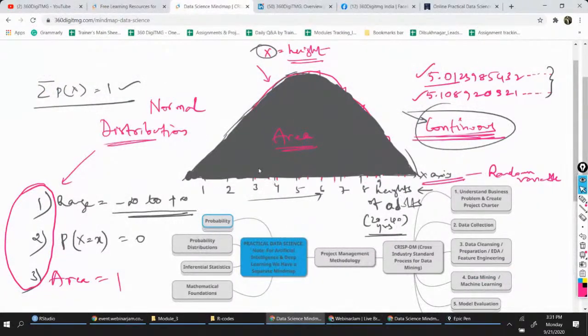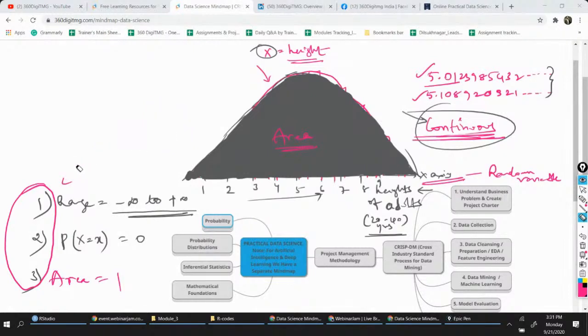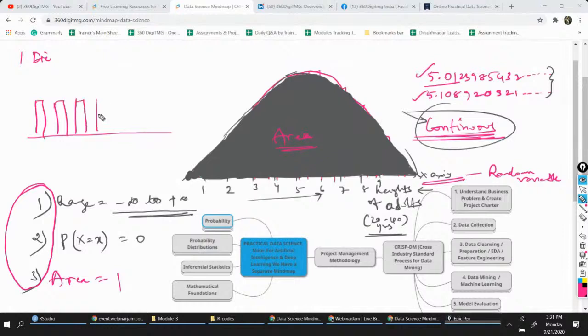So if you recollect, just before this discussion, we were looking at the distribution of the probabilities for dice, right? We were looking at the distribution of a single die. And for that, you have seen this kind of a bar chart. We were drawing a straight line and we were seeing the heights like this.